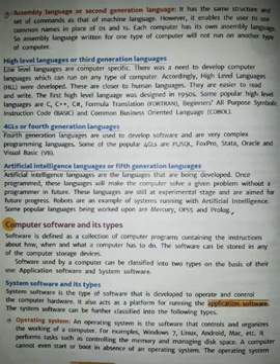Not only does it control the computer, but it also controls other hardware devices and secondary software, like application software, utility software, and customized software. So the operating system is very important, and it loads first on the computer.